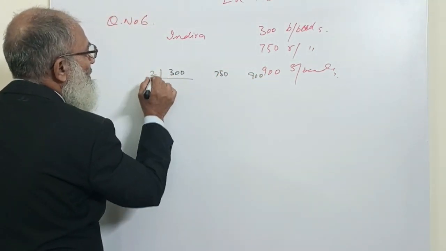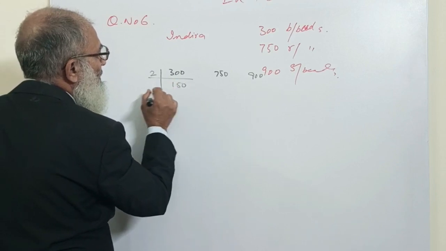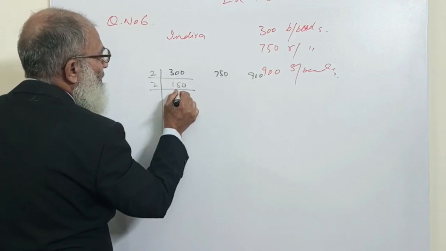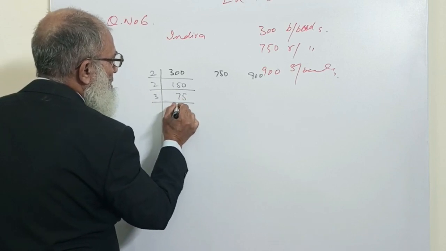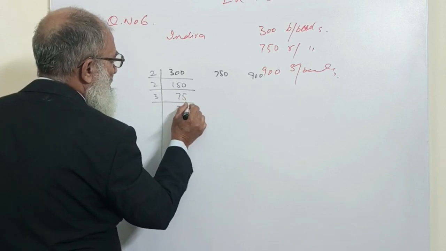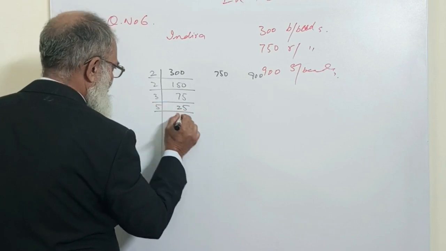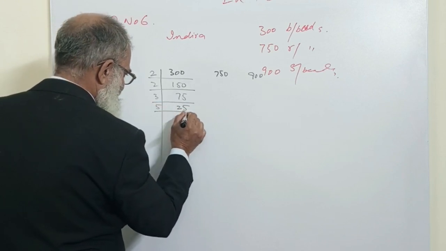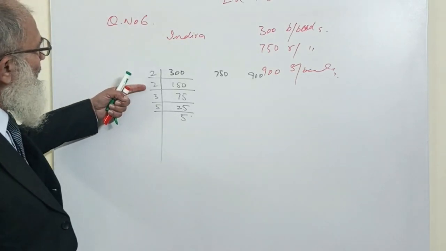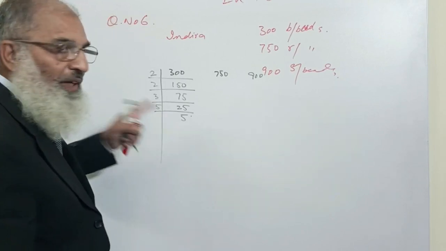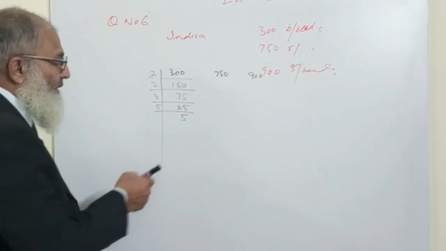Starting from the lowest number, 300, 150, 75, 3 and 5. 2 2s are 4, 4 3s are 12, 12 5s are 60, 60 5s are 300.